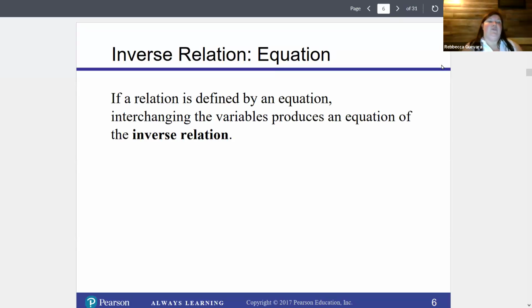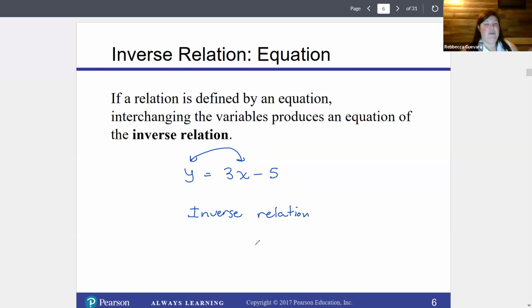So what we really want to work on is dealing with inverse relations that are equations. We can't call them inverse functions yet. We have to do some work to make sure it is going to be a function. If a relation is defined by an equation, interchanging the variables produces an equation of the inverse relation. Meaning, if y equals 3x minus 5, and I want my inverse relation, all I do is switch those x and y's.